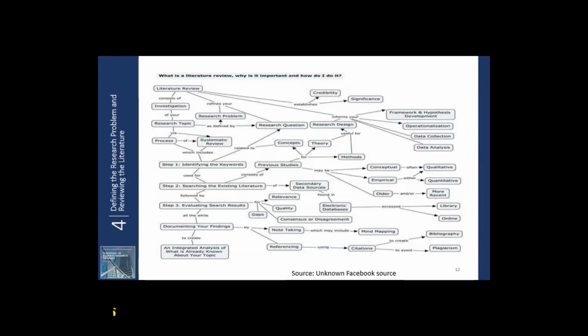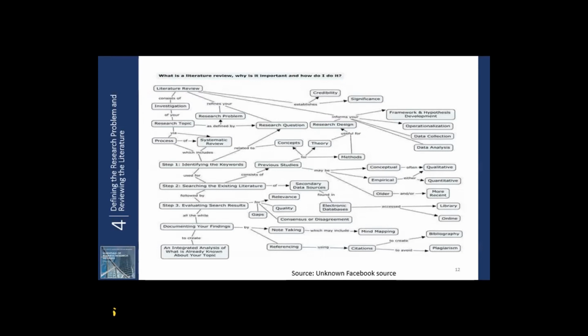So which means if we take the definition step by step, we say that it consists of investigating your topic. So it's an investigation. It's a search process. Your topic. Because I've seen literature review that has nothing to do with the topic.